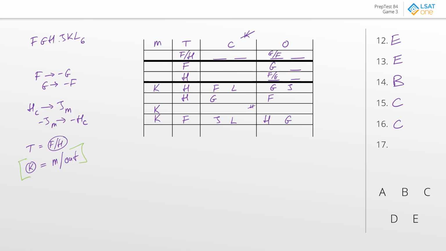Answer choice B, the nominees for counselor must include J or L or both. Well, first of all, is it true that we had to have one of J or L in the counselor position? Maybe, because between the elements that we have, one of G or F had to always be out, and we know that one of F or H always has to be the treasurer.